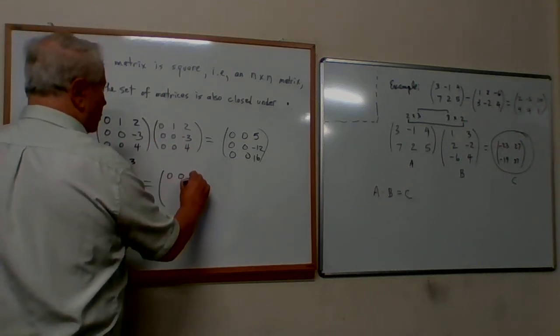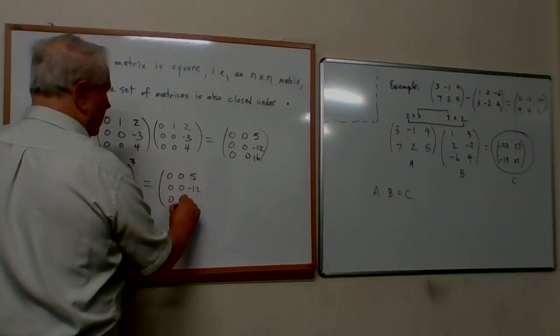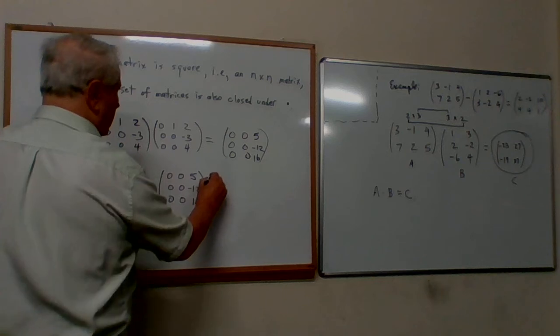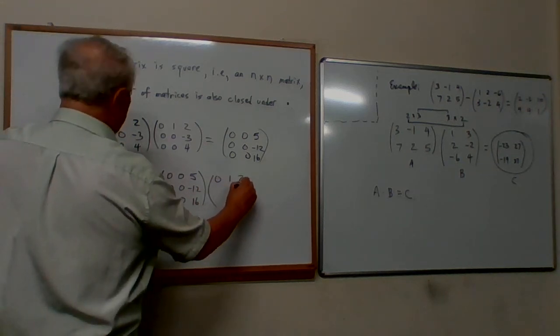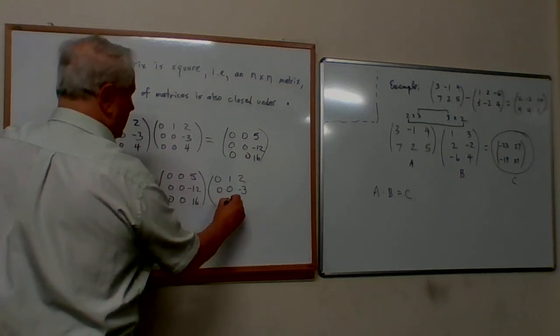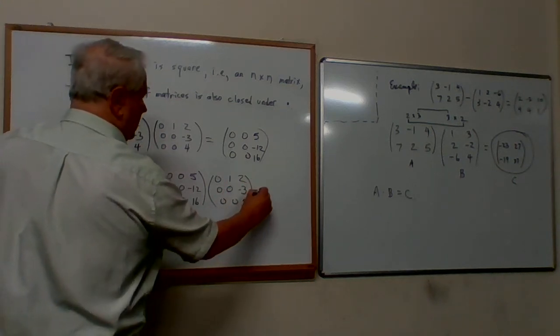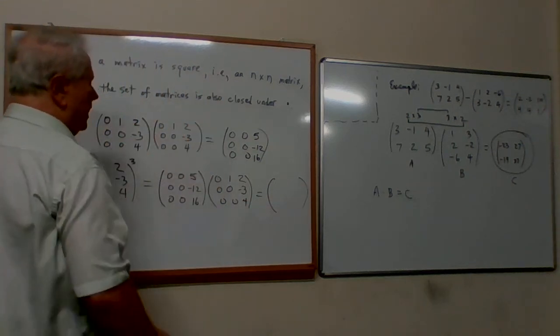So here's the matrix squared, which we just computed. And I'm going to multiply by another copy of our beginning matrix. I still know I'm going to get a 3 by 3 as a result, and I go through this again.